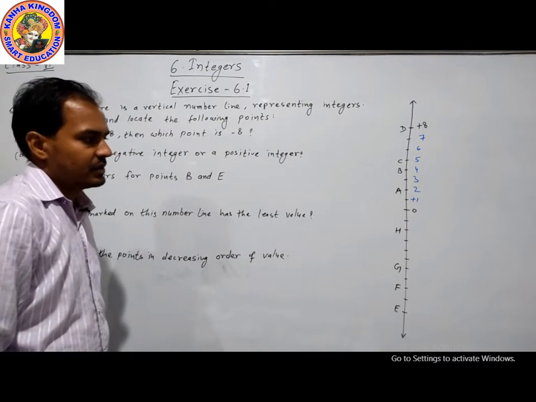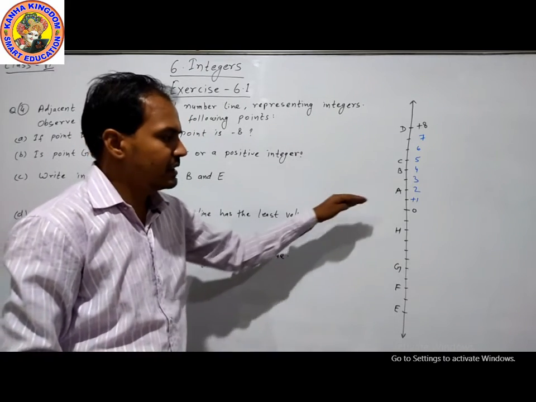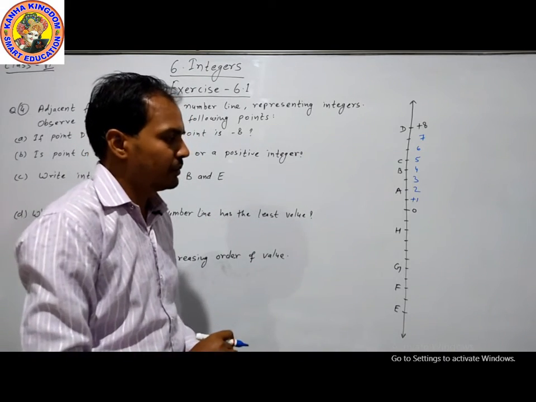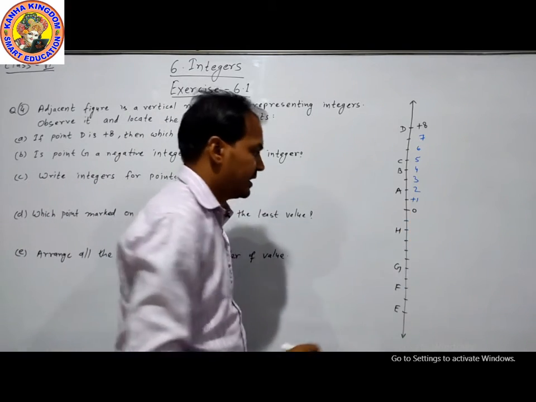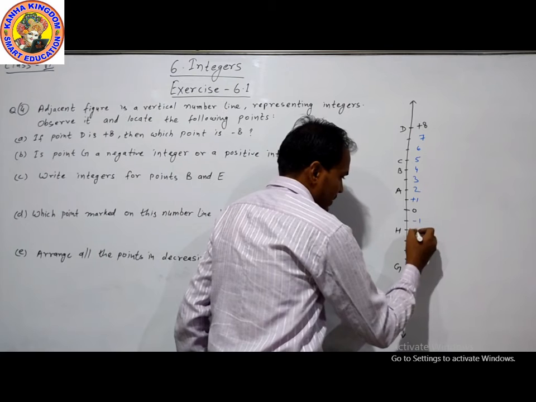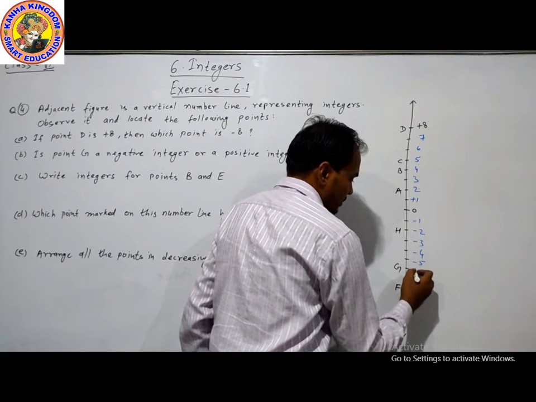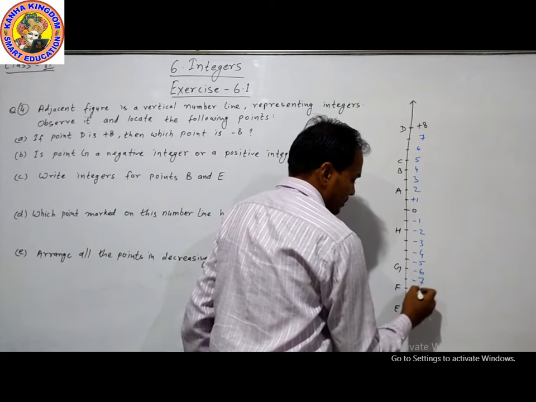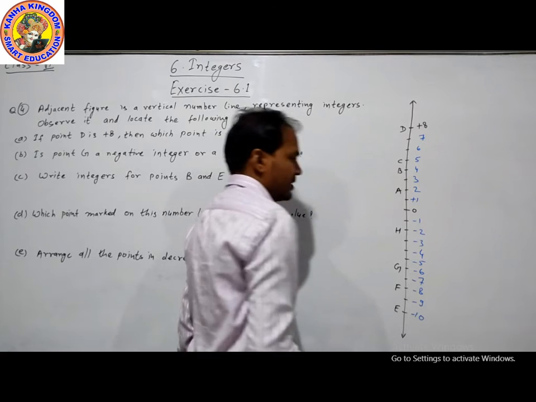These are the numbers. Above we will denote positive numbers. Below the origin we will denote negative integers. Minus 1, minus 2, minus 3, minus 4, minus 5, minus 6, minus 7, minus 8, minus 9 and minus 10.